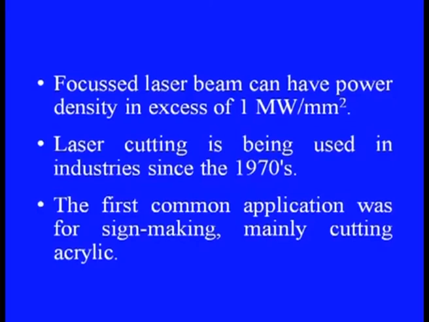The laser beam can be very easily focused using optical lenses, as their wavelength ranges from 0.5 micron to around 70 micron. Focused laser beams can have power density in excess of 1 megawatt per millimeter square.